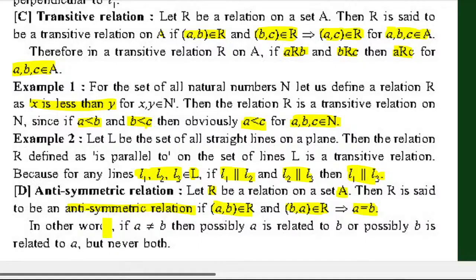In other words, if a is not equal to b, then possibly a is related to b, or possibly b is related to a, but never both. So this is your anti-symmetry.